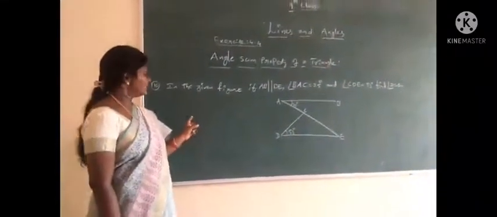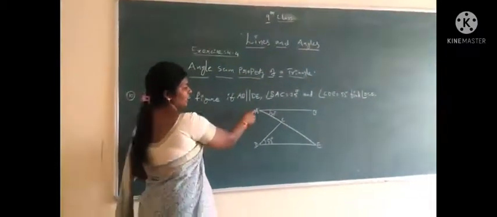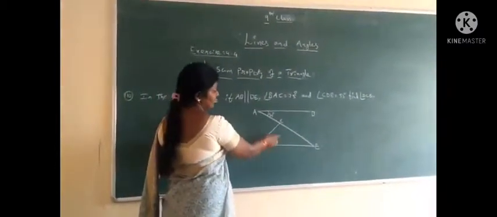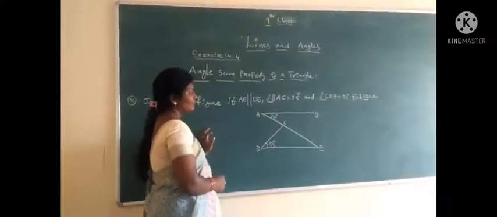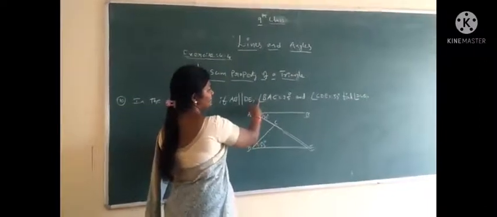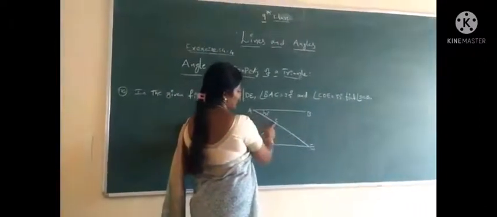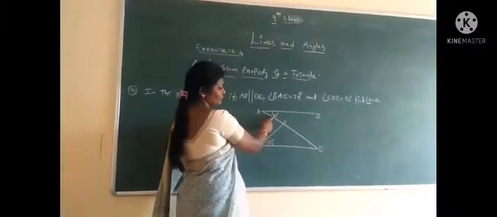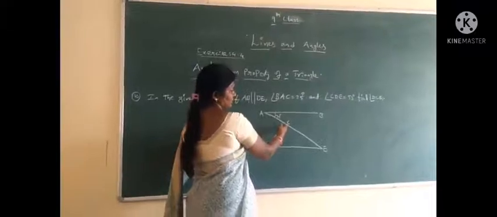Next problem, students. In the given figure, if AB and DE, these two lines are parallel lines, and angle BAC is equal to 35 degrees. This is the angle BAC.